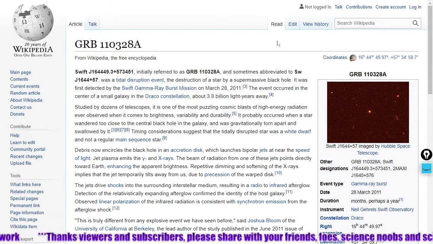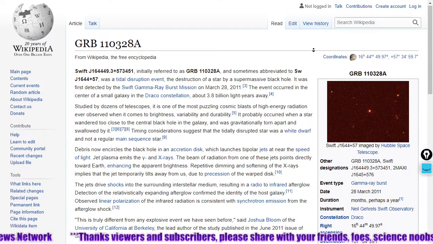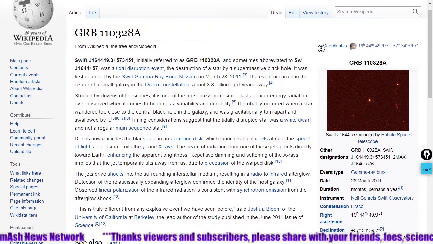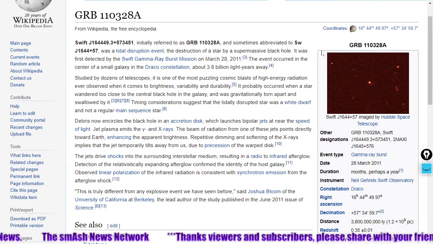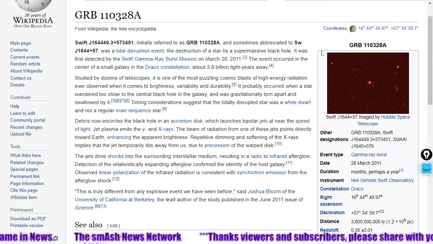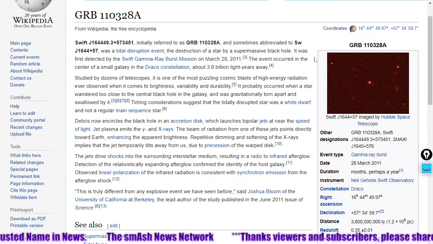This is a very interesting thing, as it is believed to be a supermassive radio source that consumed a white dwarf, at least 3.8 billion years ago.